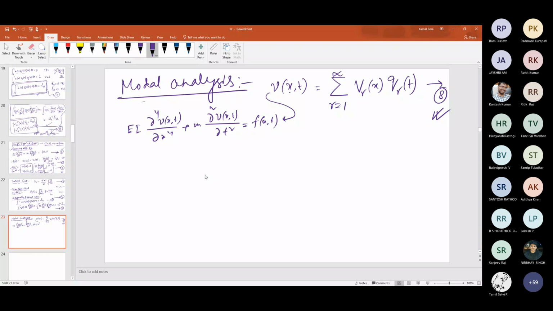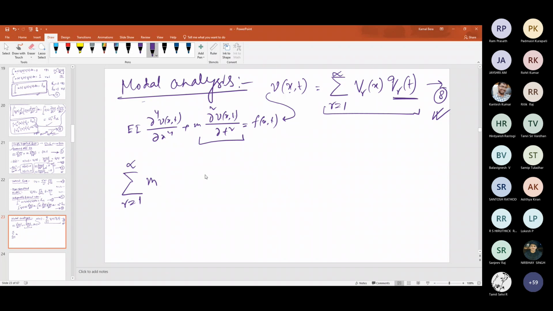So obviously summation will be there. Let us write this one first, because you will get mass into acceleration first. So summation of r equal to 1 to infinity, m is there, then V(x,t) I am putting in this, so partial derivative with respect to t.